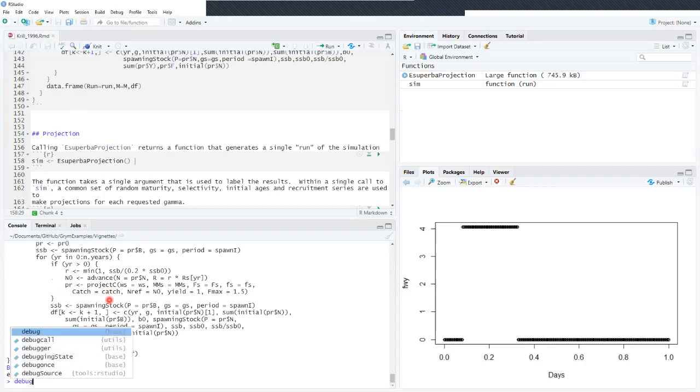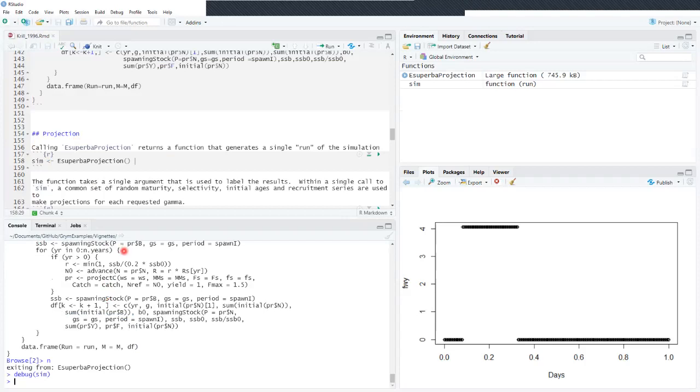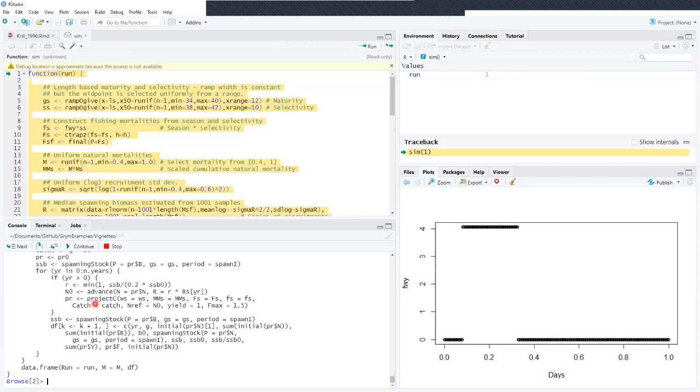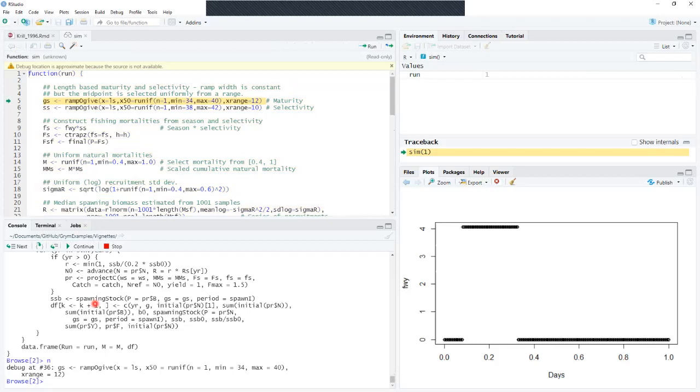Let's go debug sim. And if I then go sim1, this starts the computation that does a single projection. Okay, so here we've got GS and SS. So GS sort of determines the maturity.